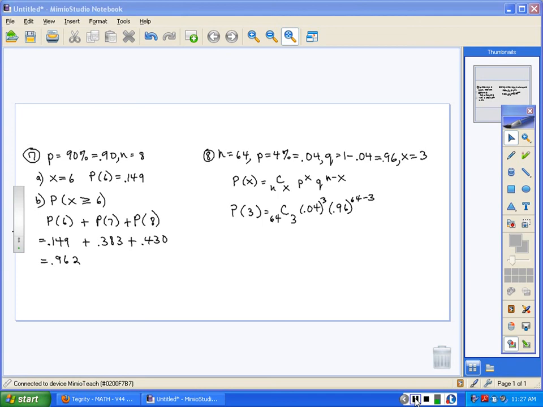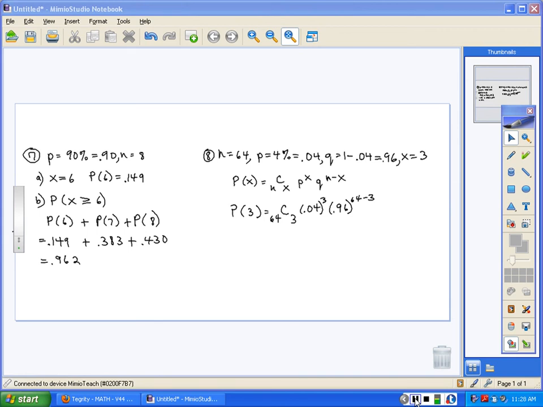First, you have to put in the 64, and then push Math, and then arrow over to probability, and you want choice 3. You want this NCR. So you just push 3, and then you have to put X in, which is also coincidentally 3, and then enter.